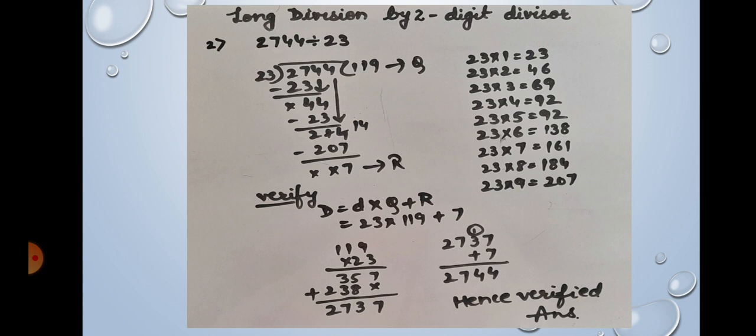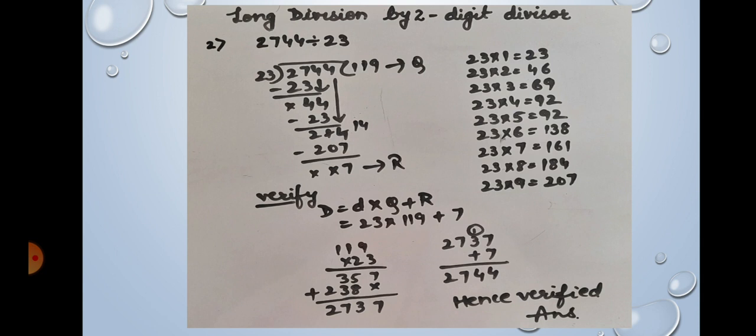Now at the last we are going to verify. For verification, the formula we are going to apply is dividend is equal to divisor into quotient plus remainder. For divisor we are having the number 23 into quotient is 119 plus remainder is 7.